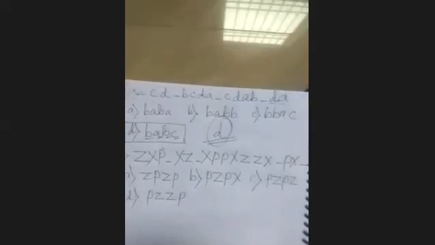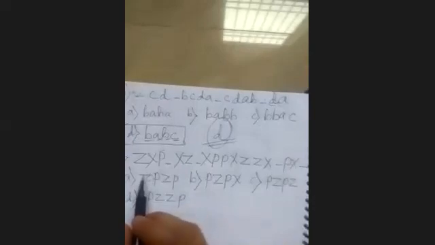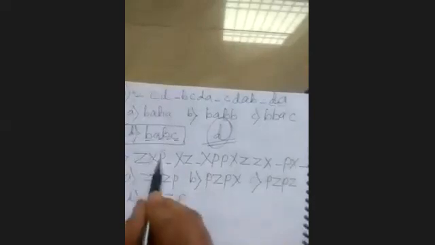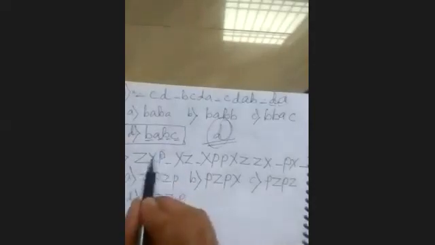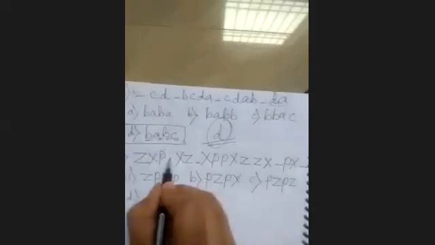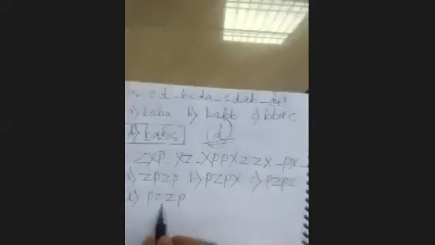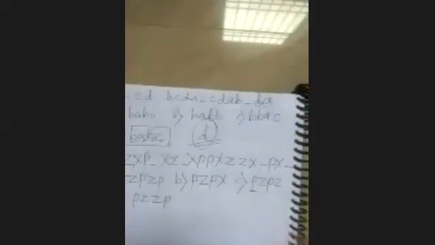So in this case, it will become ZXP, and now it is written reversely PXZ. Therefore, here there must be P, right? You can consider this one for a while.